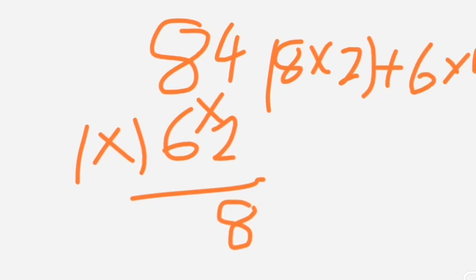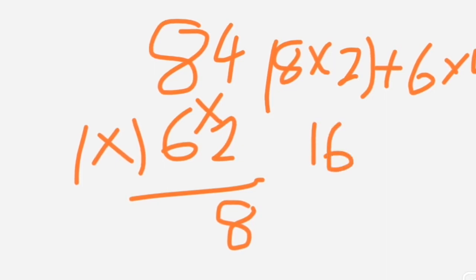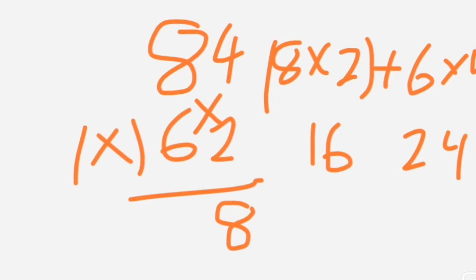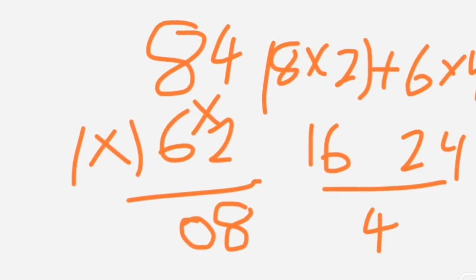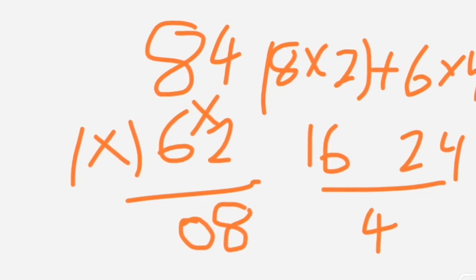So 8 into 2 would be 16 and 6 into 4 is 24. So we get 40. At a time we are supposed to write only a single digit, so we are writing 0 here, and we are writing 4 aside. So this 4 carries to the next number.